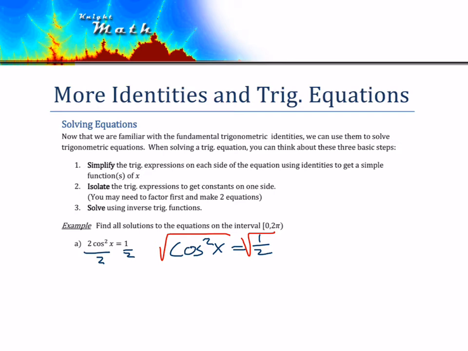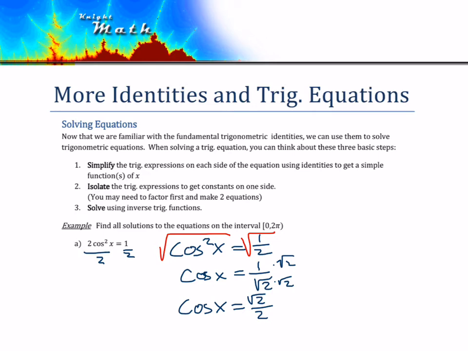And that gives us cosine x equals the square root of 1/2, which is 1 over the square root of 2, square root at the top, square root at the bottom. And that can be simplified: rationalize the denominator so we recognize it, and that becomes square root of 2 over 2. Just remember, multiply by square root of 2 over square root of 2. All right, so we should recognize that, square root of 2 over 2.